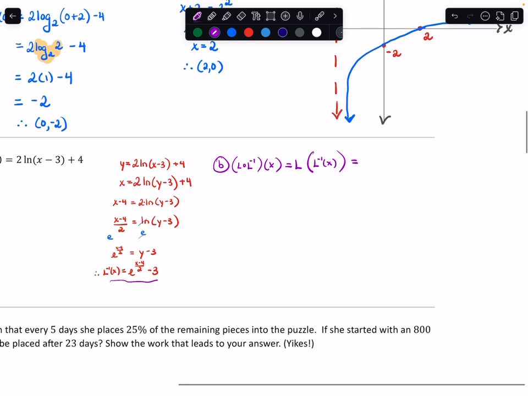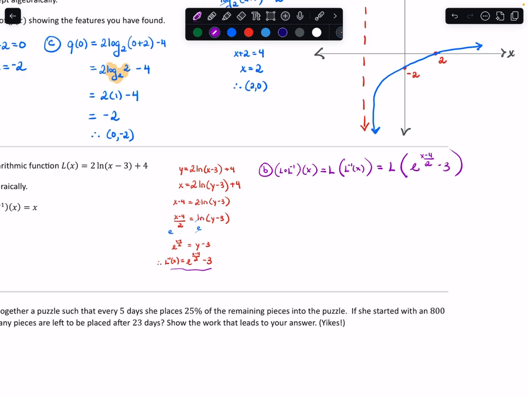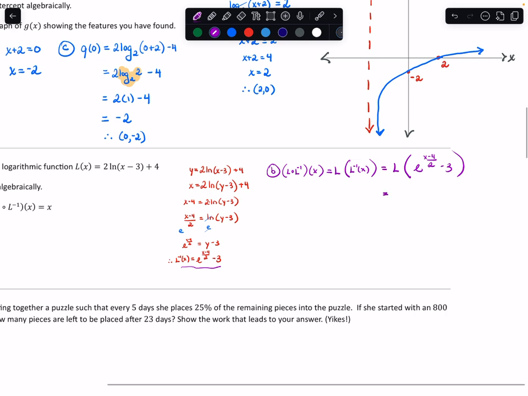So you can even go a step further and say, well, that would be L of e to the (x minus 4) over 2, minus 3. This is not the most enjoyable thing to do. It's a little tedious. But what you want to show happening in each step, working downward, is that each piece of that function's equation starts to get canceled out until it boils down to just plain old x. They should perfectly undo each other.